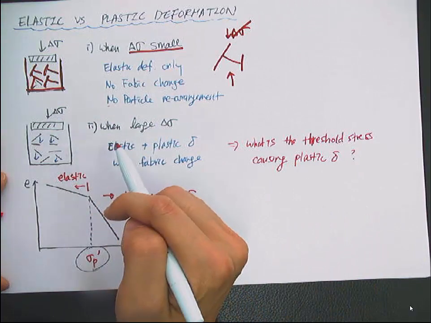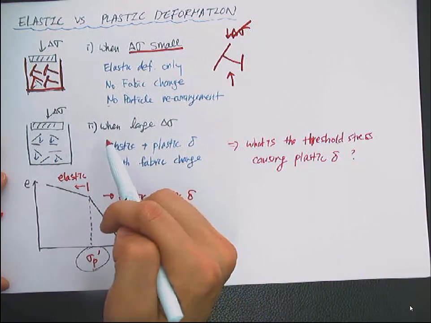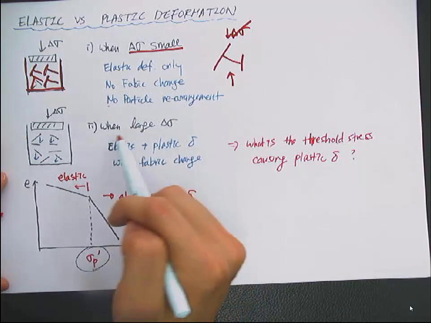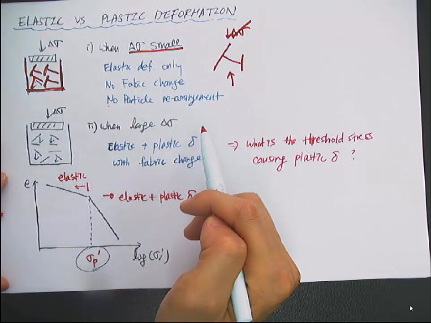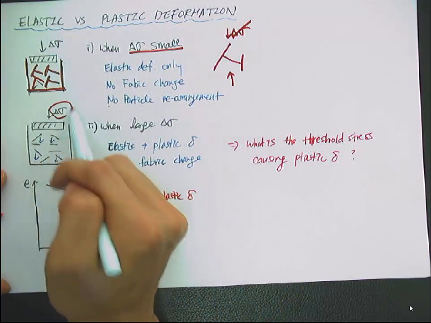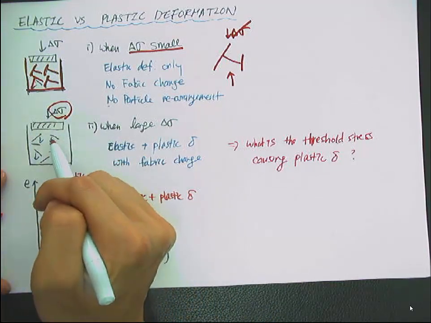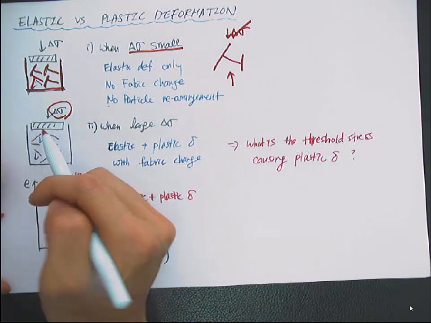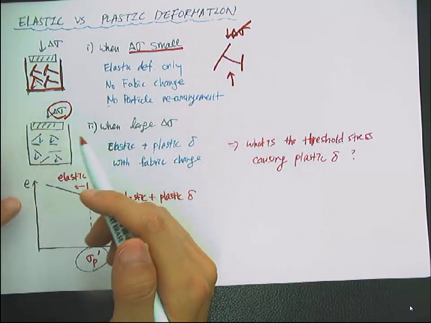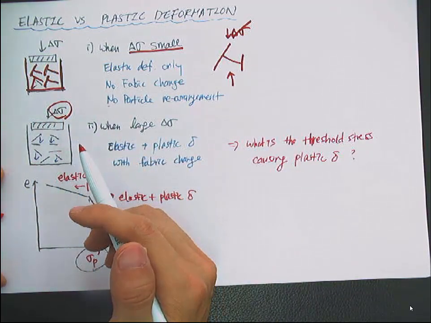And when you increase delta sigma to a certain value, so that delta sigma is very large, then at some point the clay particles will move to cope with this large delta sigma.